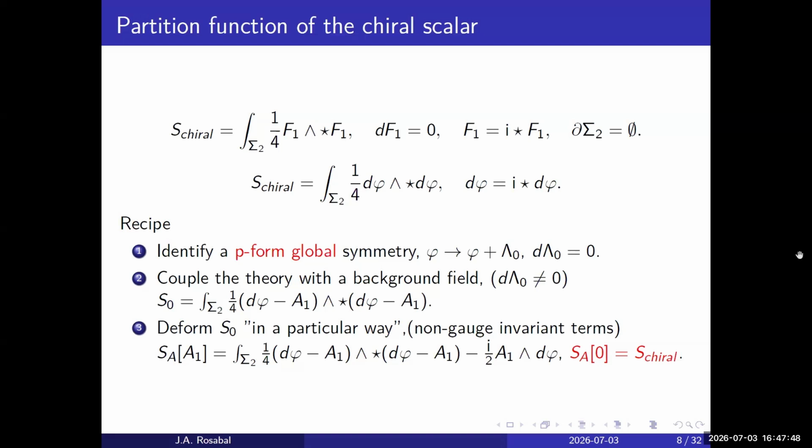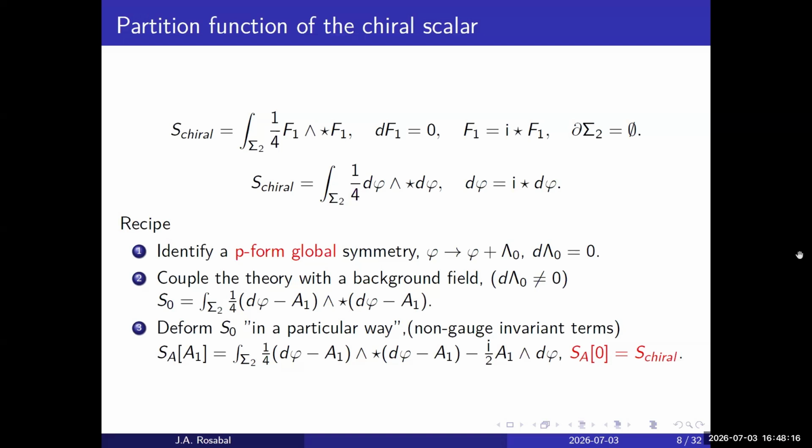So the first step is to identify, in this case, a zero form global symmetry. It doesn't have to be global. In this case, this theory has this symmetry. And you see that with this zero form constant, you plug this here. This is a constant. This is the action.